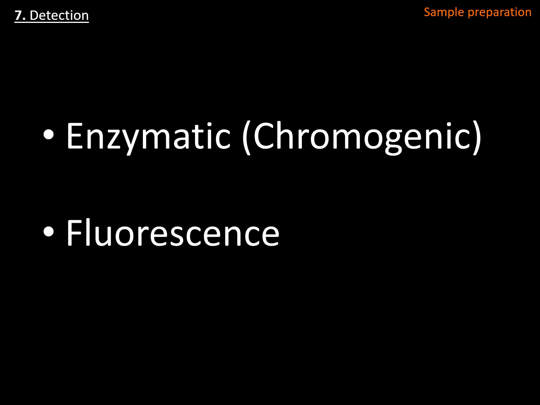After washing, it comes the detection, where you can have two main technologies. It can be enzymatic, where you promote the deposition of a chromogenic dye into the region where your antibodies are bound, or fluorescence, where you use a fluorochrome that is bound to your secondary antibody.